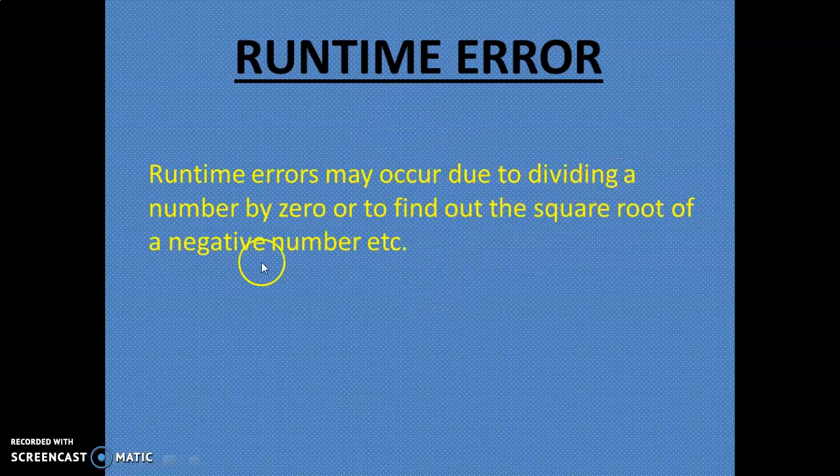Suppose you are trying to divide a number by 0, which is not possible, so a runtime error shows. Or finding the square root of a negative number, which is not possible. This is come to know by the computer at runtime. So this is called runtime error.